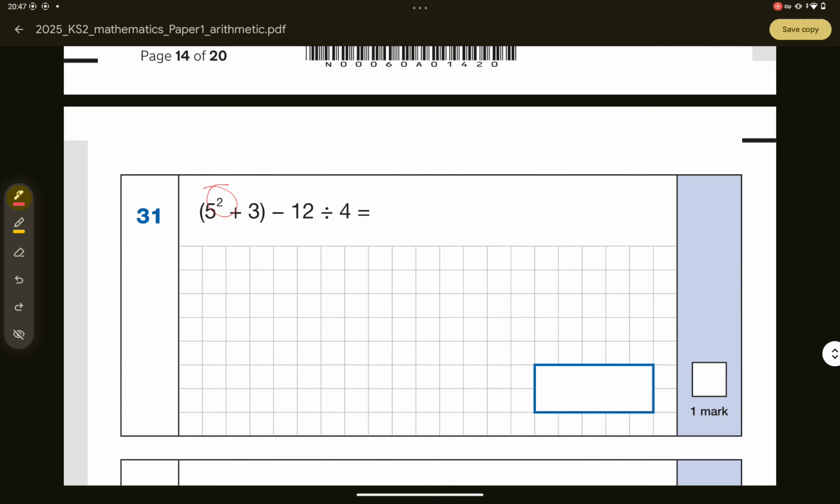And if it's a 3, because in any future SAT papers you have to do 5 times 5 times 5, which equals 125. So this equals 25, plus 3 equals 28. And then we got a division one, so minus 3, because 4, 8, 12, and then 25.